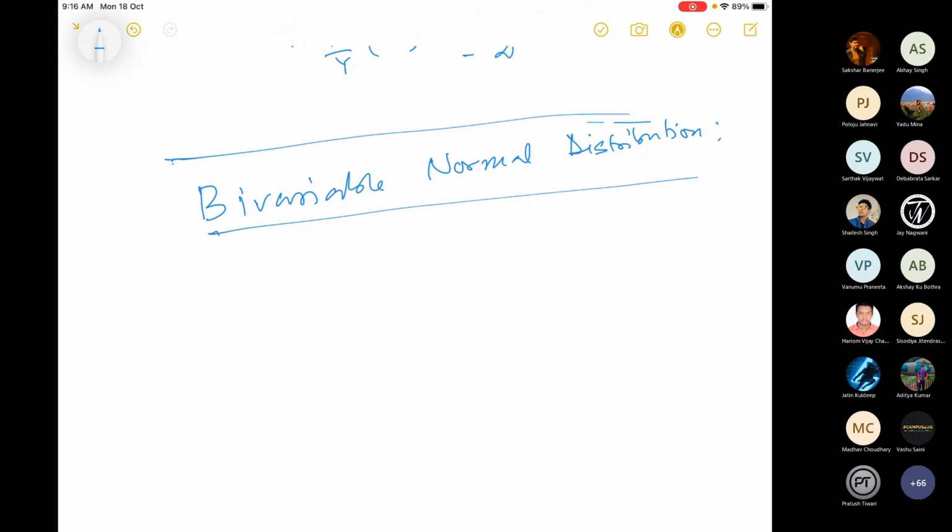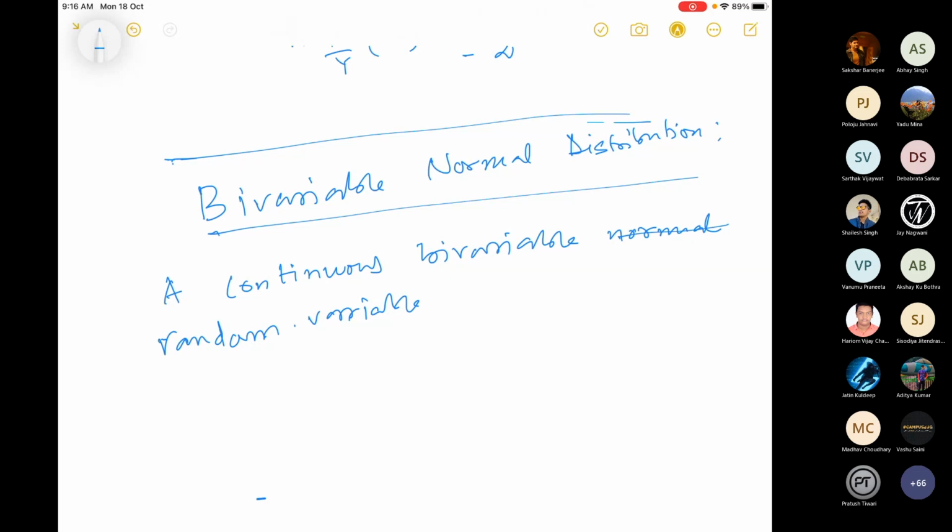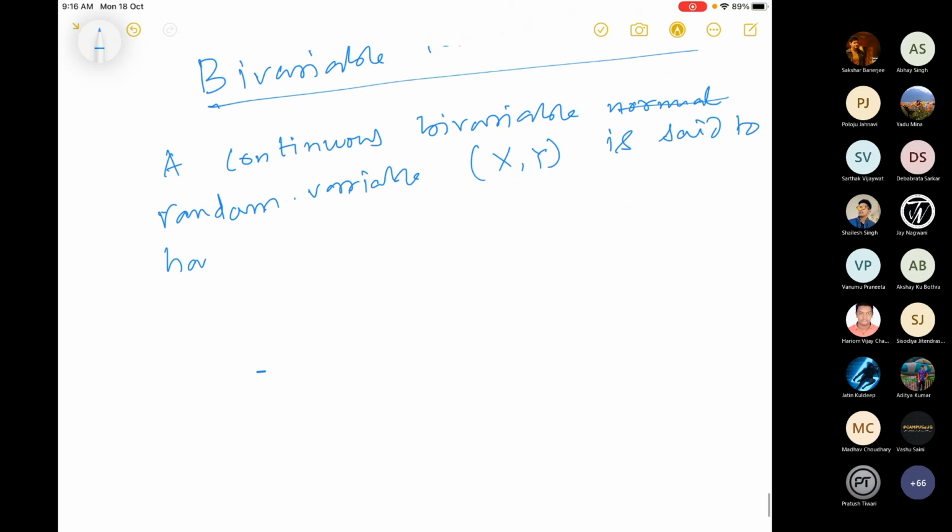So here is the definition. Definition means I'm just giving you the PDF. A continuous bivariate normal random variable (x, y) is said to have a normal distribution, or bivariate normal distribution.